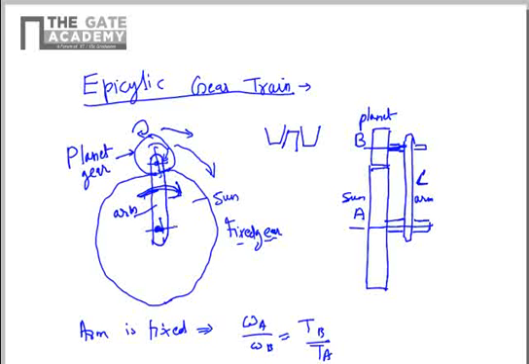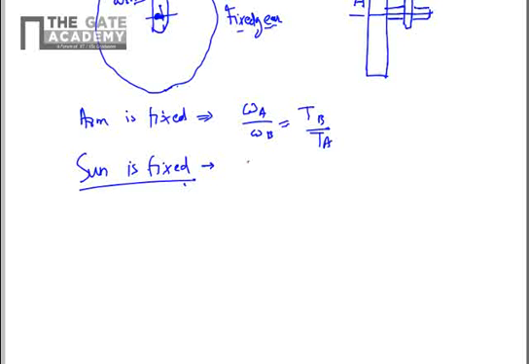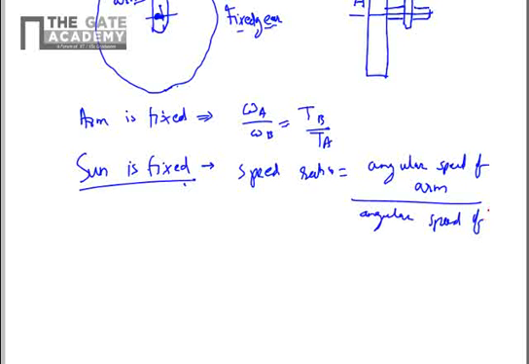In that case, we have to find the angular speed ratio of the arm to the planet gear. So the speed ratio will be the angular speed of the arm, that is the driver, divided by the angular speed of the planet gear.